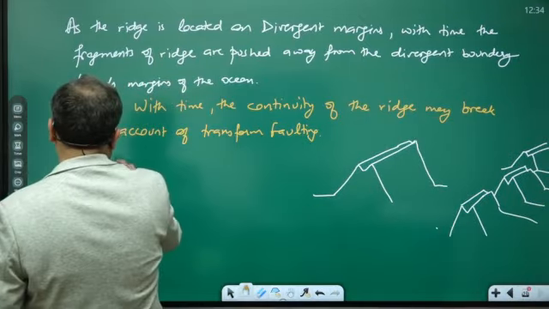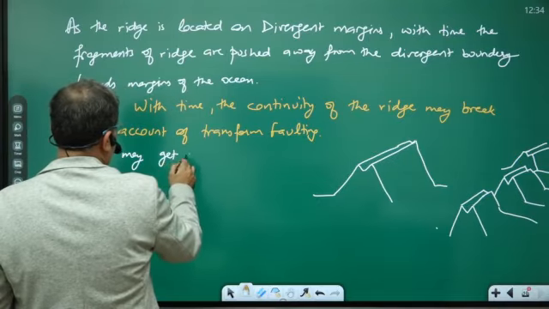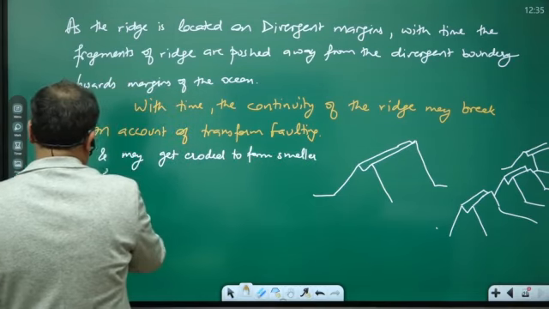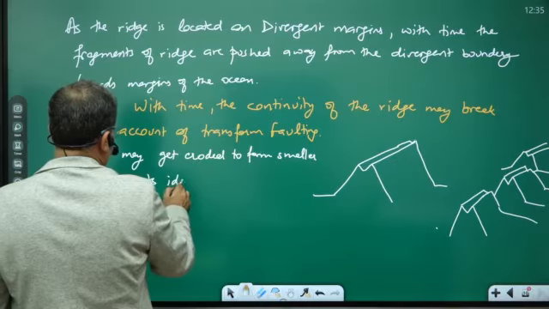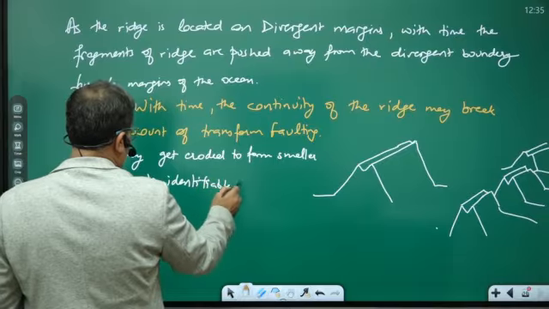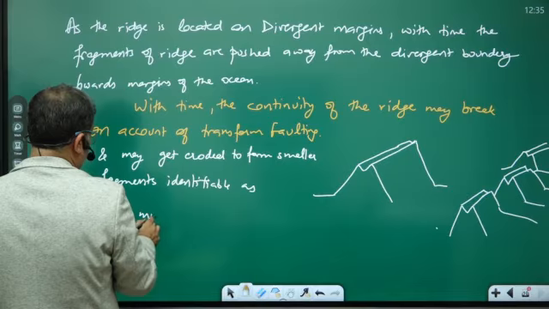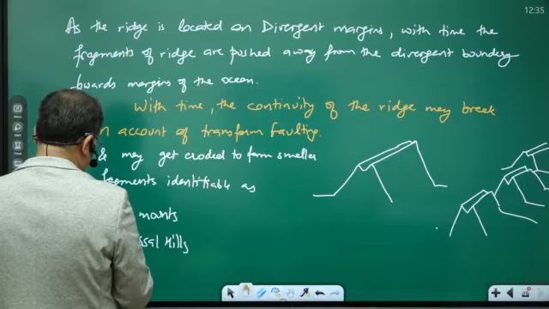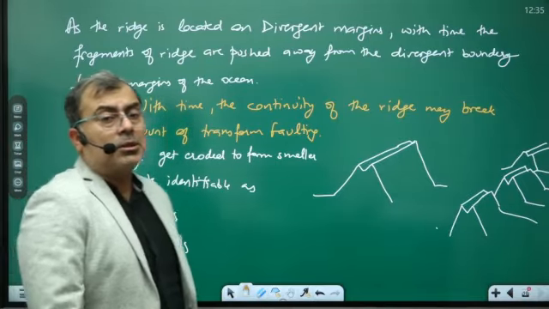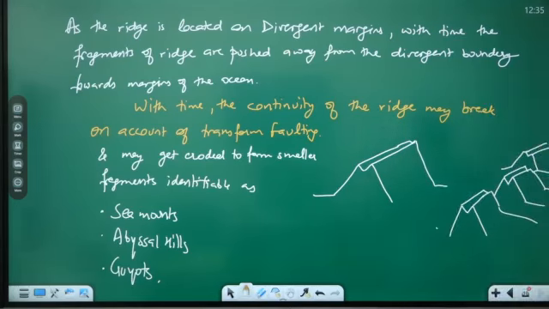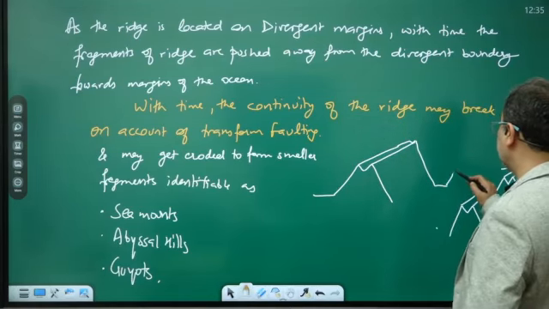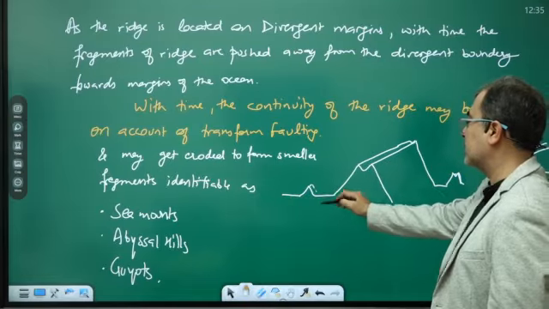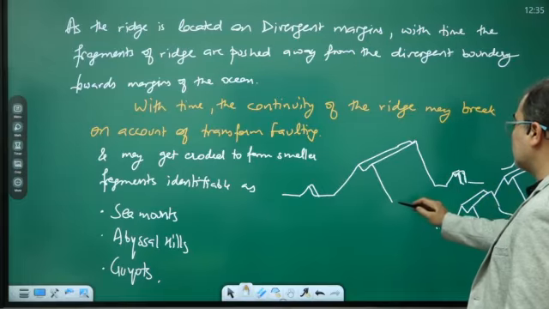Transform faulting, and may get eroded to form smaller fragments identifiable as sea mounts, abyssal hills, सी माउंट्स, एबिसल हिल्स एंड गेऑट. ये भी बन सकते हैं, ये इन्हीं के टुकड़े निकल कर आ गए. There is this small little one left, बस इतना सही रह गया. Small little something is left like this, all broken. Possible or not?